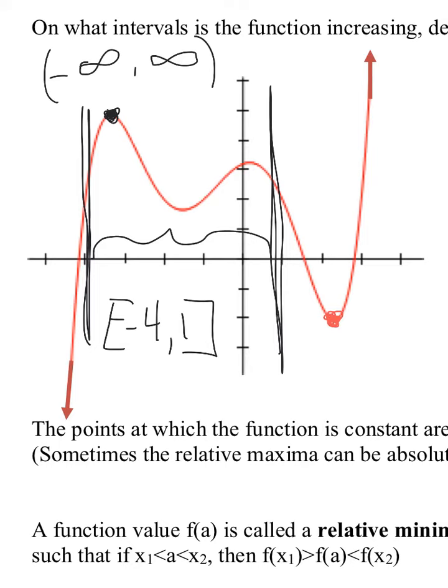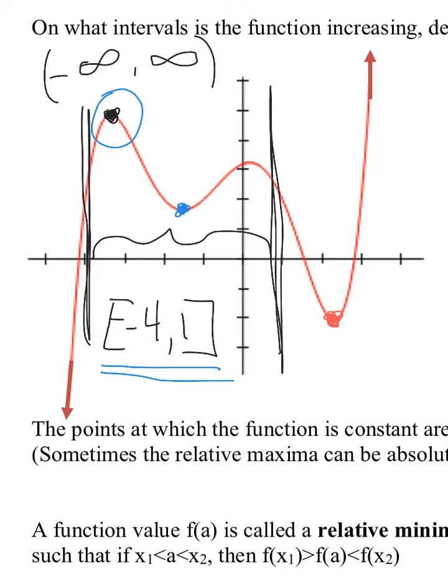Now my relative maximum is still this point here, but my relative minimum point for this particular interval of the domain is right here. So you need to pay attention to what interval you're given, because that matters when we're looking at relative maximum and minimums.